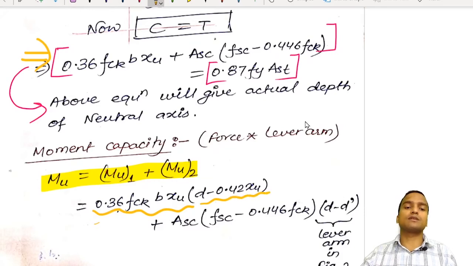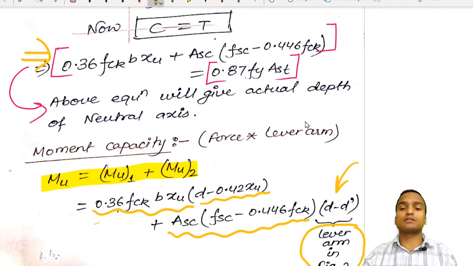Okay, so this gives you Mu1 plus Mu2 is what? Asc into fsc minus 0.446 fck, and this value of compressive force is multiplied by the lever arm in figure 2. Okay, and this is equal to effective depth minus top clear cover.